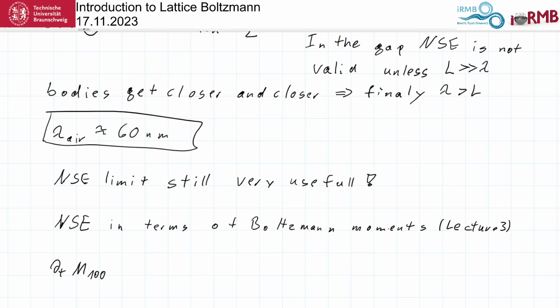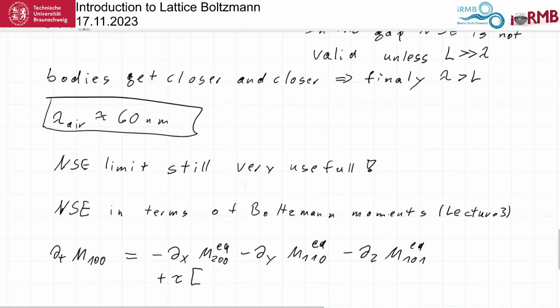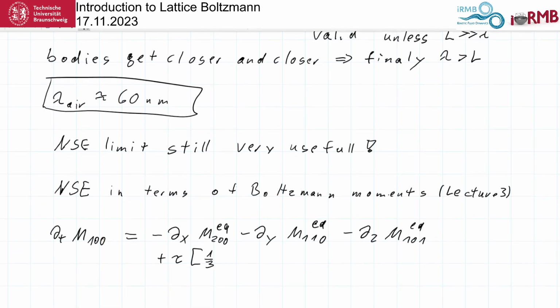So we get the time derivative of this moment m100 is equal to dx m200 equilibrium minus dy m110 equilibrium minus dz m101 equilibrium, and then took this together with tau, and there was an ominous factor 1/3 dxx m300 equilibrium. So all of these things are in equilibrium.